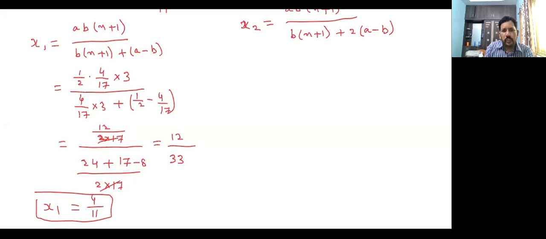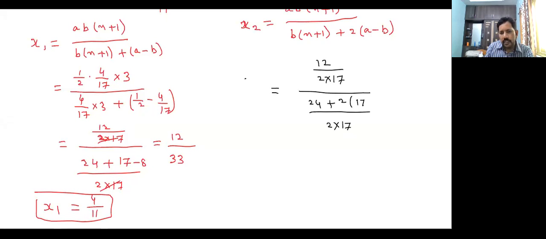And between x1 and x2, what is the difference? Just only 2. I will write this step directly here. 4 3s are 12 by 2 into 17, divided by, here also take the LCM 2 into 17. Here will come 24 plus 2 into (17 minus 8). Just 2 is the difference. Now this 2 is cancelled.